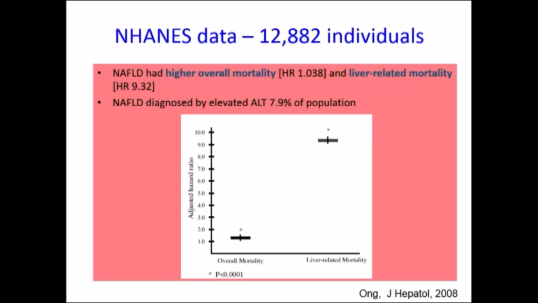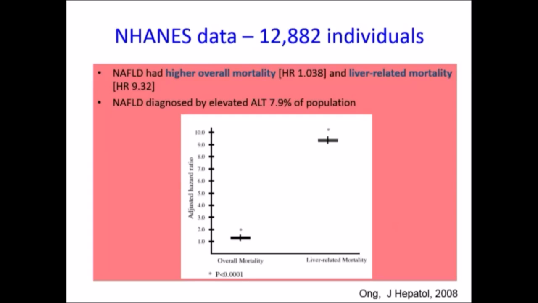And it has now been shown that those who have elevated liver enzymes, most of this is accounted for by fatty liver disease, which we'll talk about in a second. But having elevated liver enzyme, not only in the US, but there's very good data from Asia as well, is a biomarker of high all-cause mortality as well as liver-related mortality.